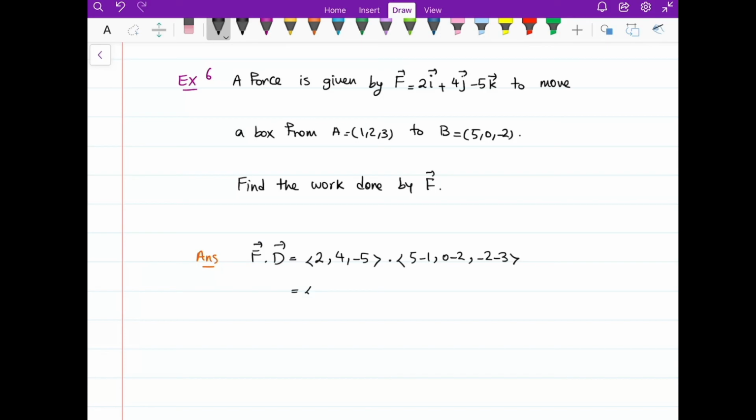So I get 2, 4, -5, dot 4, -2, and then -5. So I get 8 minus 8 plus 25, so the work done is 25. So this is the work done by F.